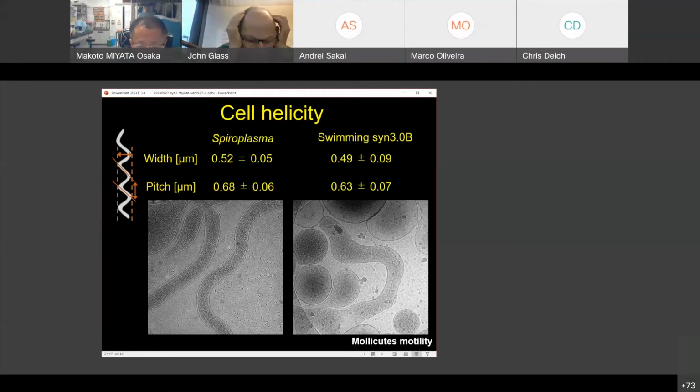These are typical cryo-EM images. You can see the cell membrane like that. It's a little bit difficult to see, but we can clearly see the filamentous structure at the strong curvature parts for both cells.